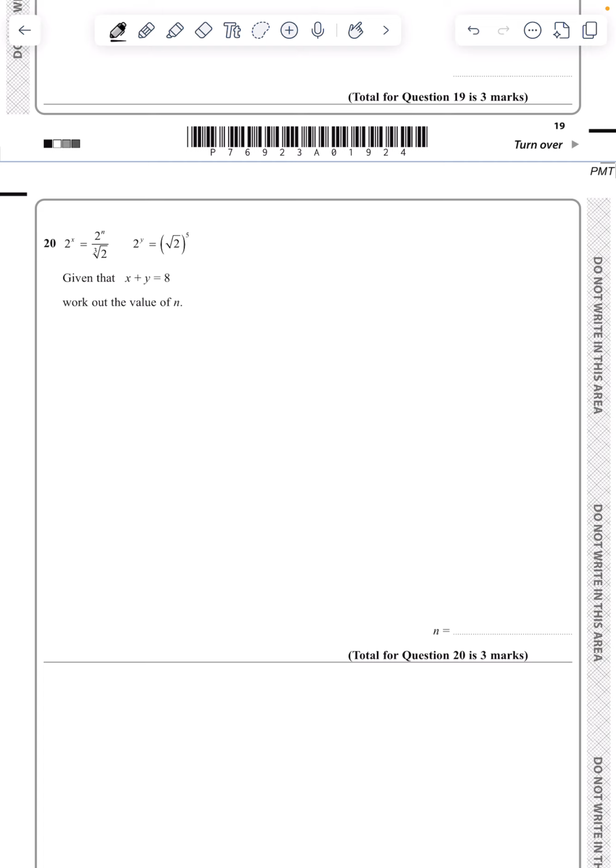Okay, so 2 to the x is this. X plus 1 equals 8. Okay, so first thing I would do is simplify. Plus 2 to then minus 2 to the... Oh wait, no. Just keep the division sign on.